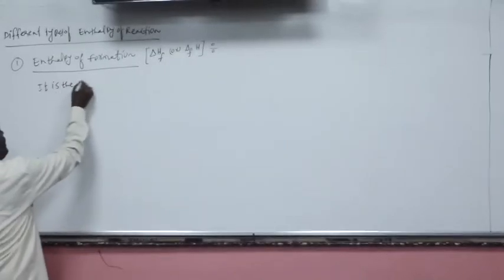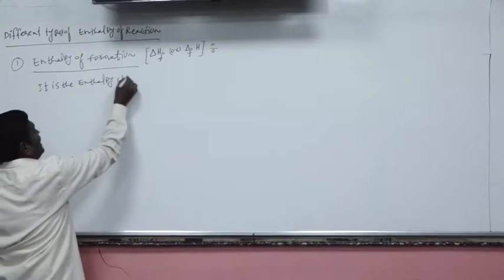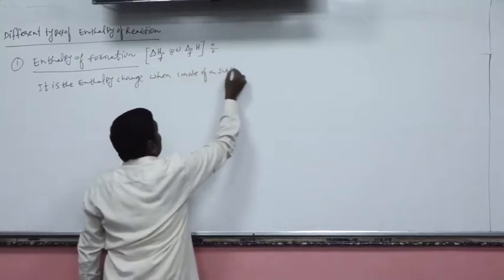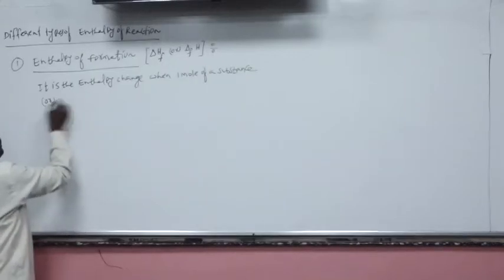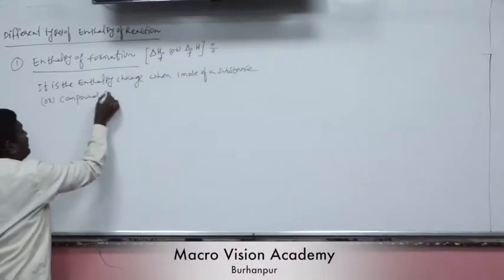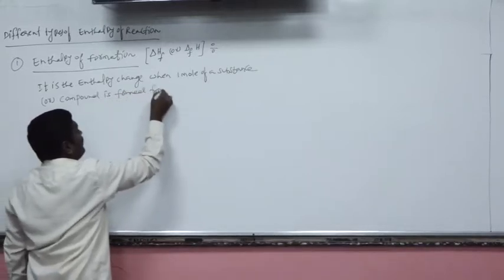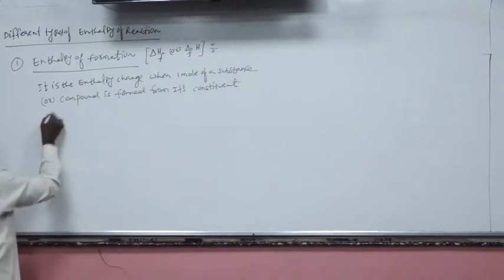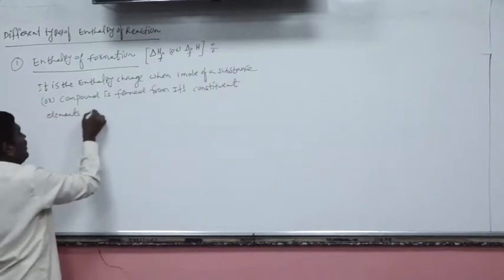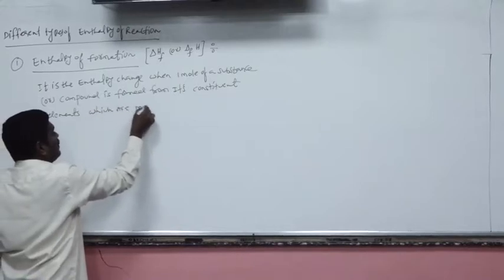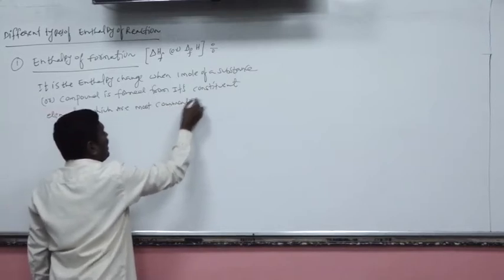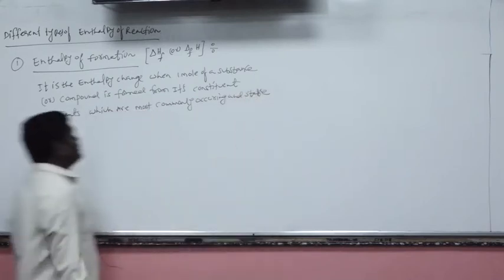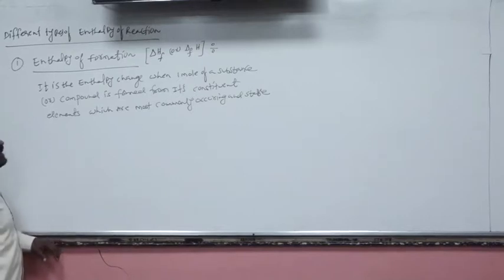It is the enthalpy change when 1 mole of a substance or compound is formed from its constituent elements which are most commonly occurring and stable.